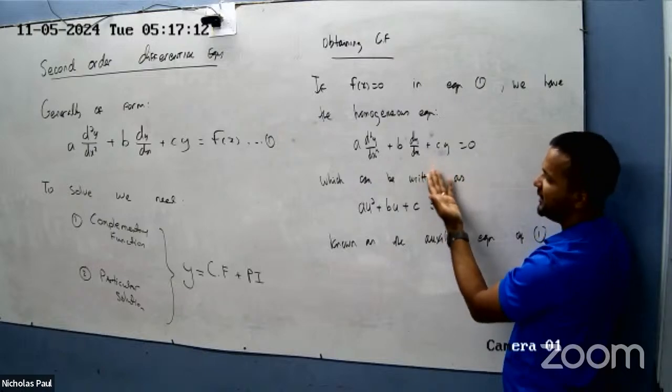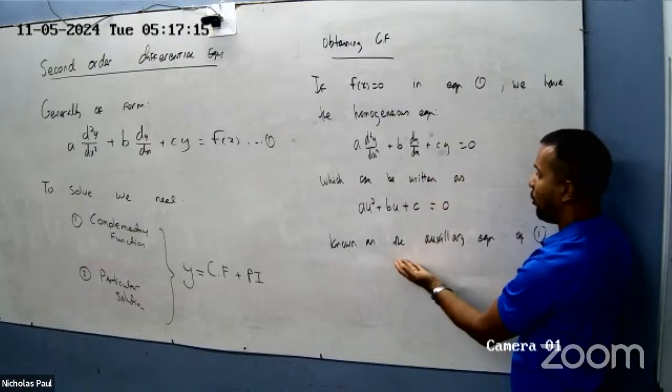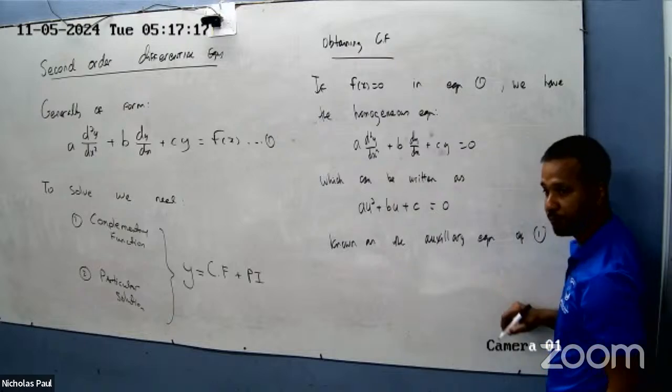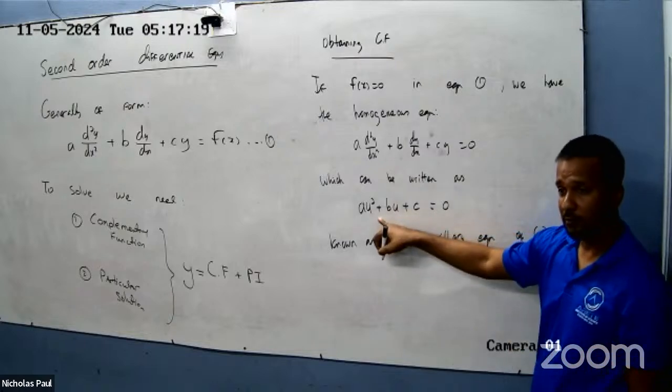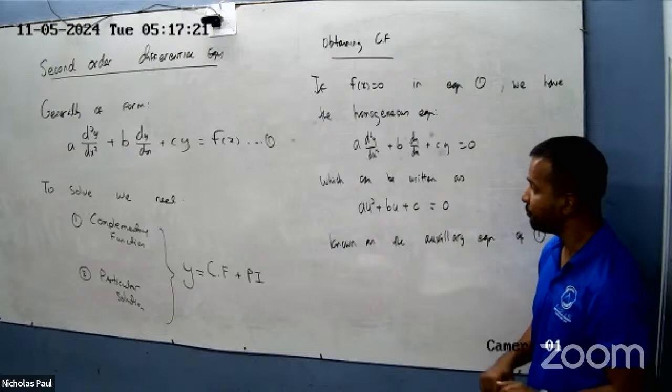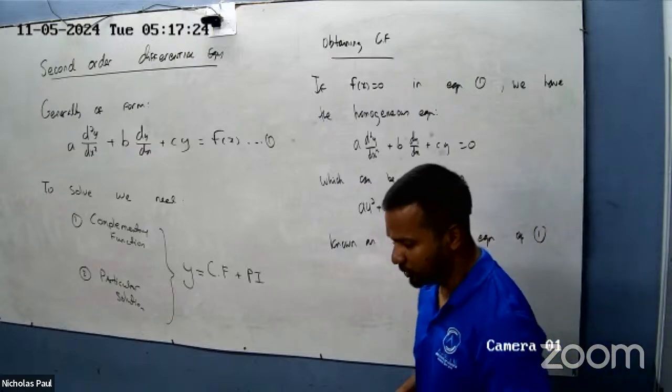And we can easily turn this into the auxiliary equation of that original equation. You recognize this is a quadratic? Okay? So I want to give you the general solutions now for that.